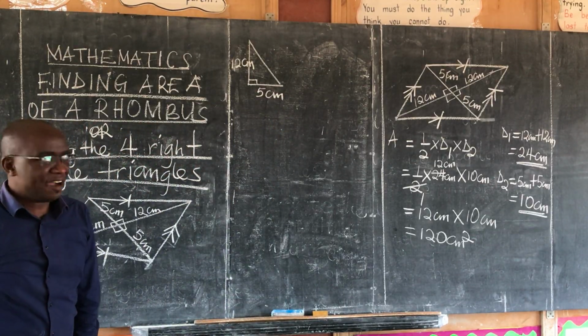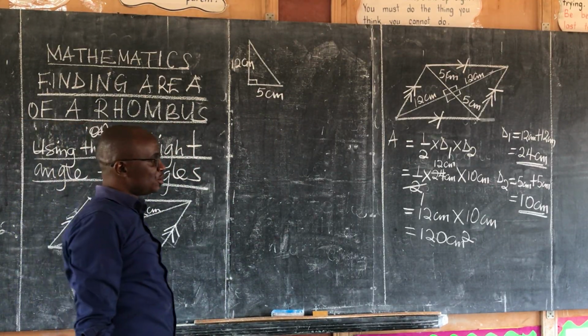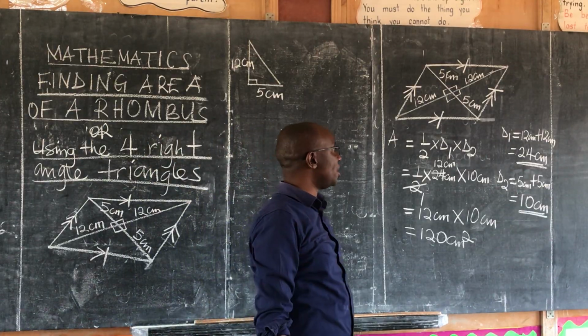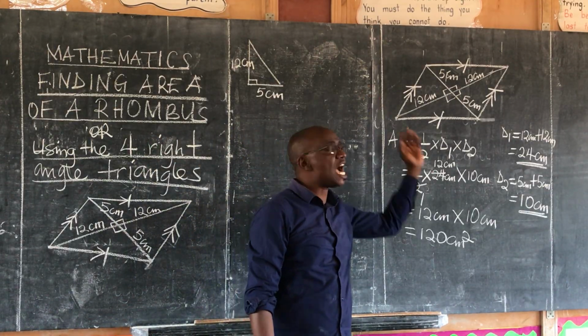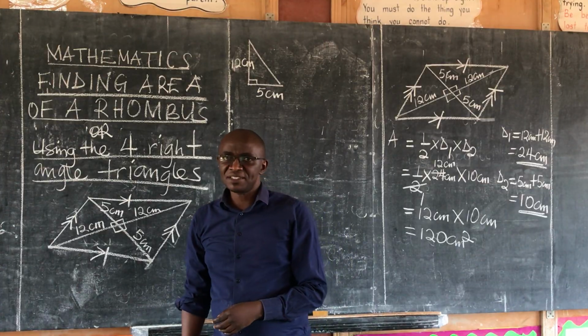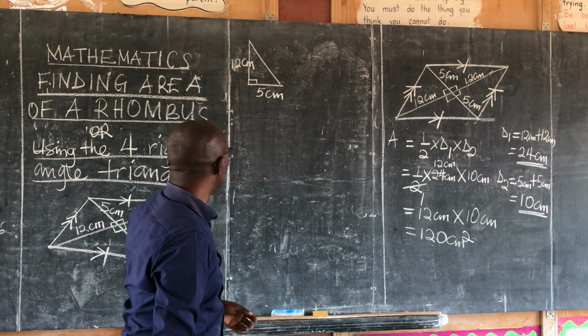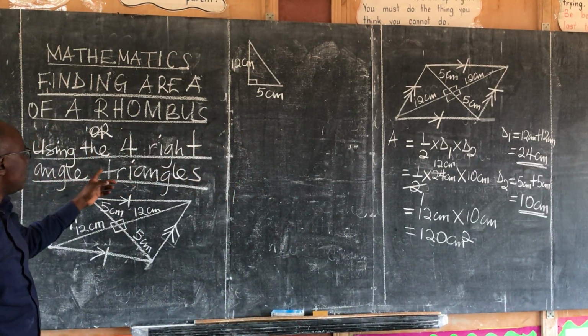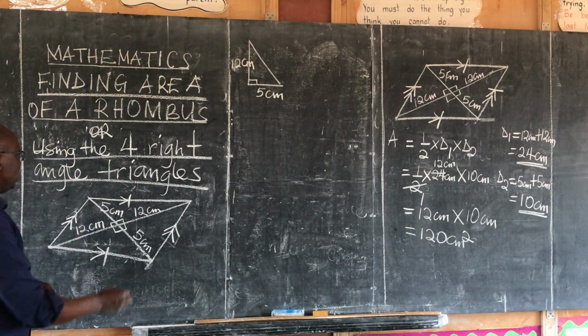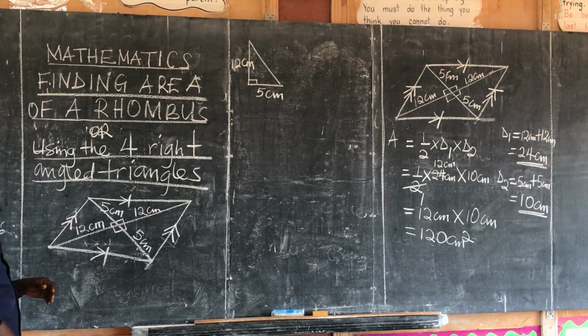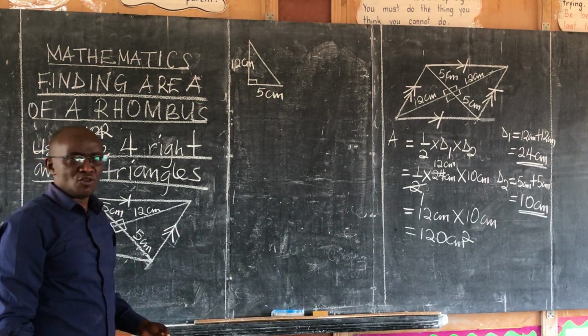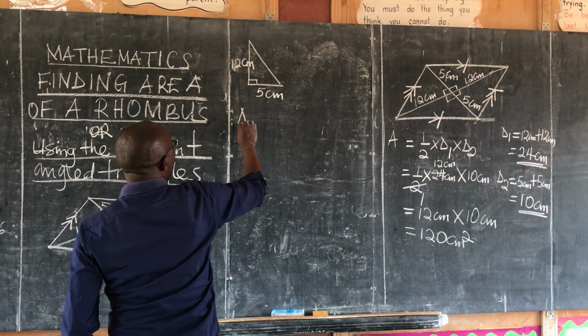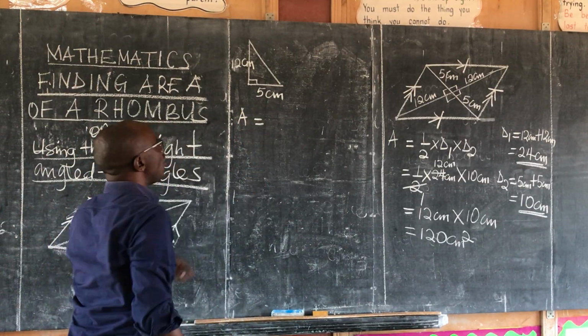Now, I've said there are 3 methods we use to find the area of a rhombus. 1, you can use the diagonals of the rhombus to find the area. 2, you can use the 4 right angled triangles to get the area. How? By getting the area of 1 right angled triangle.